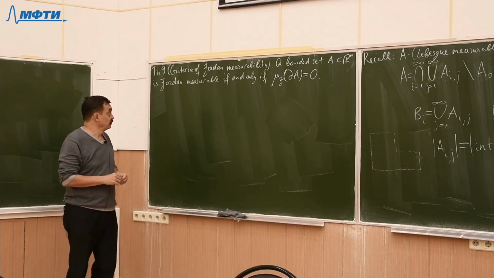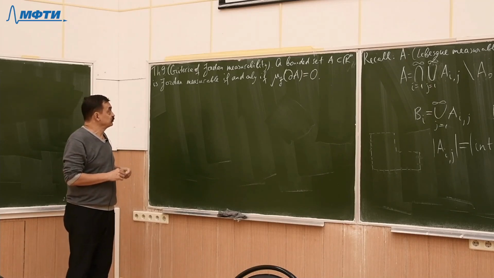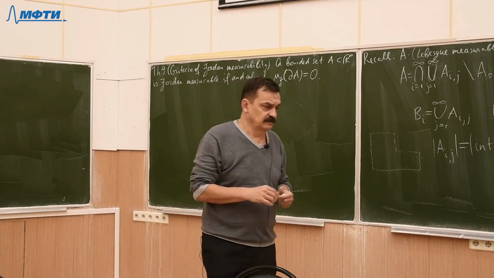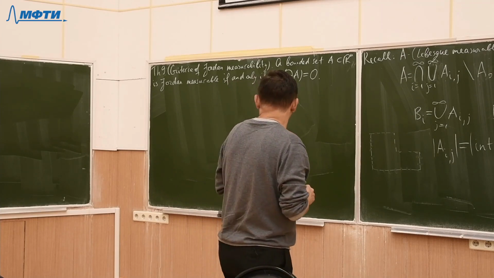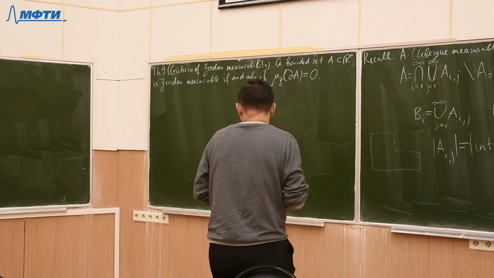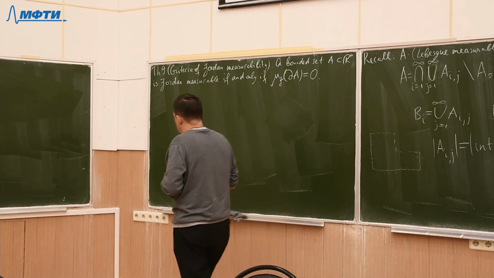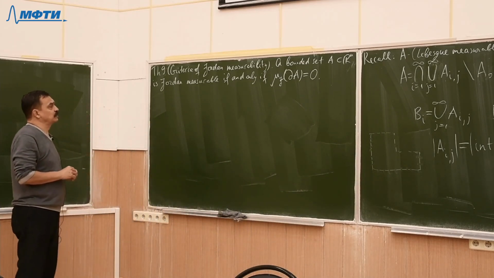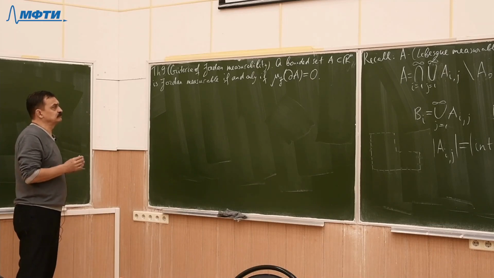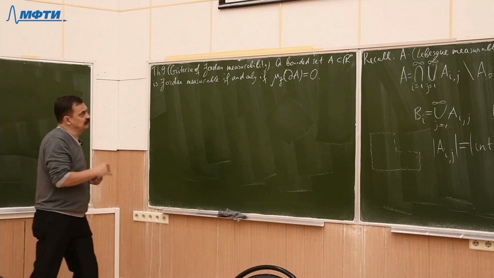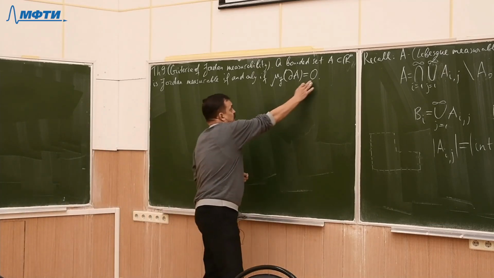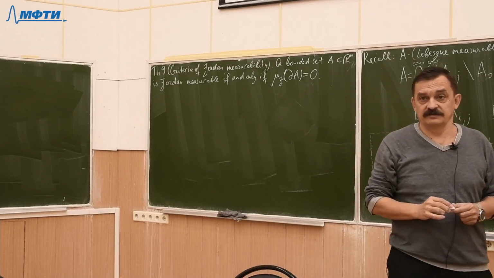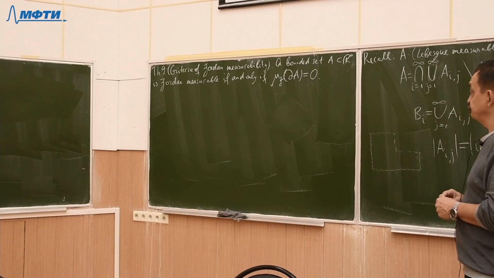Zorich doesn't define Jordan measurability, but instead he considers another equivalent notion I don't want to mention, but you can find this as a definition of that equivalent notion.